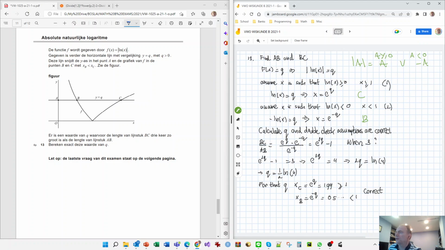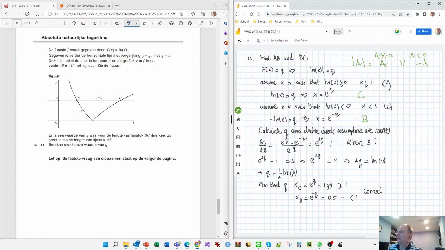And now we just need to still check if our assumptions were correct. So if q is half log 4, then you can actually calculate your x back, and you'll find that it's 1.99, which is greater or equal to 1.